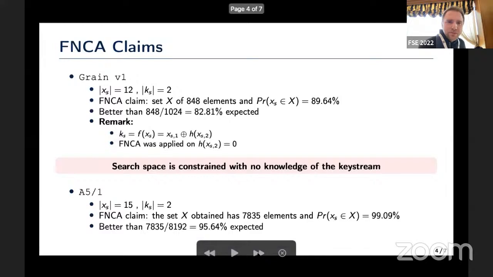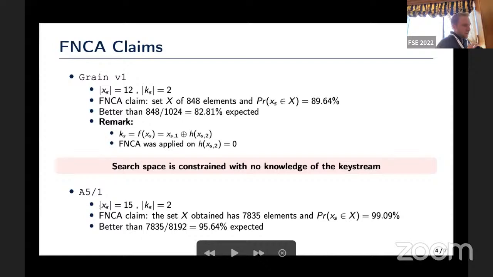And if you look at how they applied this technique, it's a bit suspicious. In particular for Grain v1, it was applied on two rounds of the update function. You apply the algorithm with 2 bits of key stream, and in this case they are able to generate a set X which contains the right value with a much higher probability than expected.